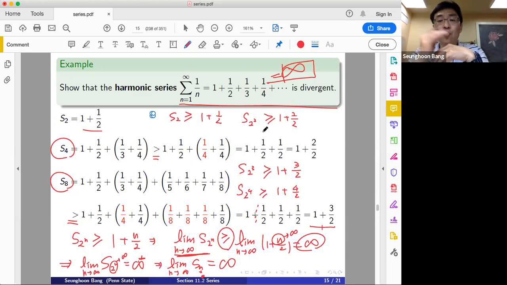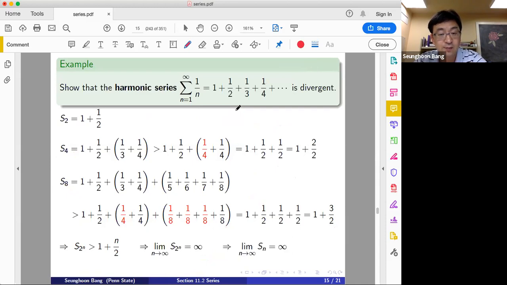So we have one good result: the harmonic series, 1 plus 1/2 plus 1/3 plus 1/4 plus and so on, is always going to positive infinity, always divergent. So this is one good result. You have to keep this result in mind.